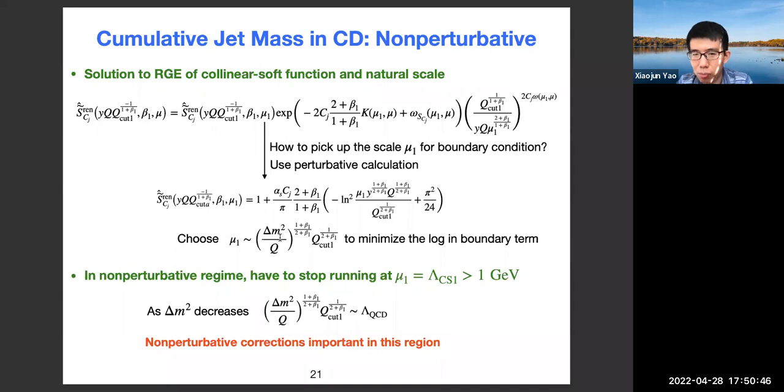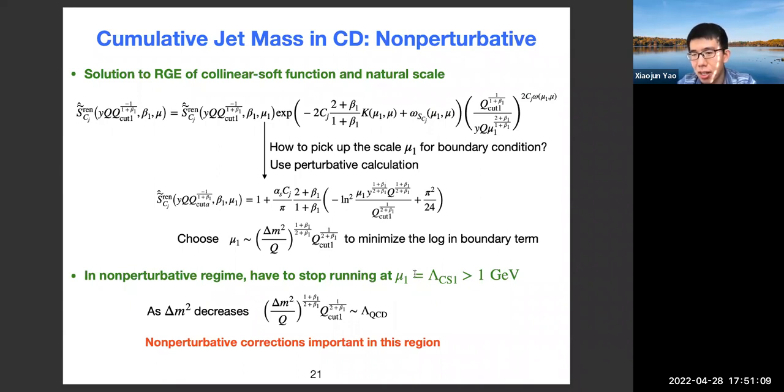But you can see the problem now. When the jet mass measurement goes to the deep non-perturbative region, this combination of scales can be non-perturbative, which means the RGE equation derived perturbatively is not trustworthy in the deep non-perturbative region. That is why we need to introduce non-perturbative corrections.